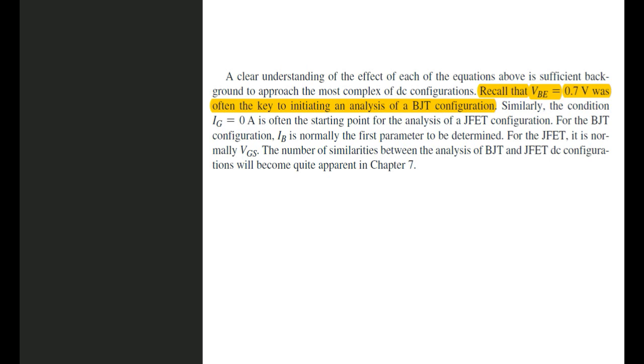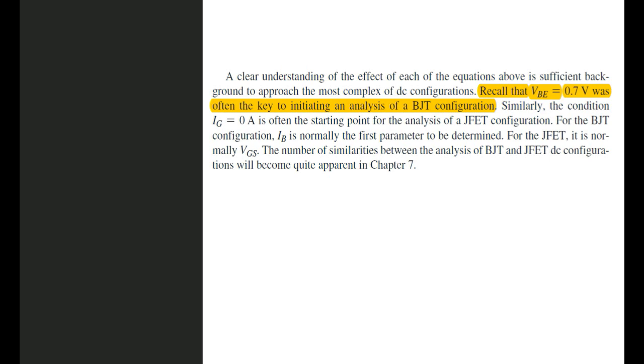Before starting any numerical example or calculation, we assume that the base to emitter voltage is equal to 0.7, and we start our calculation. Similarly, in JFETs, we assume that the gate current is equal to 0, and we start our calculations.